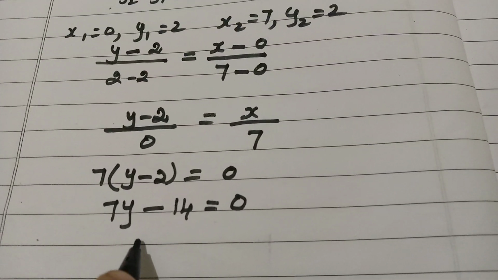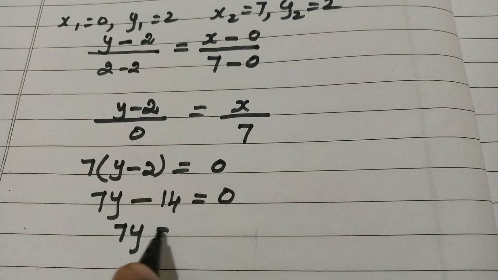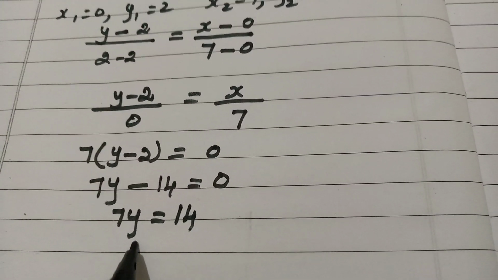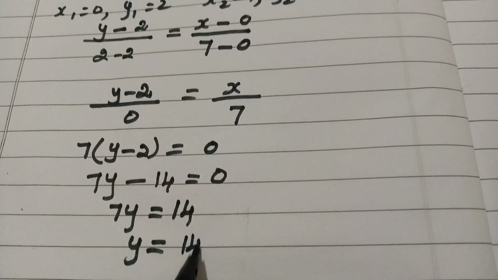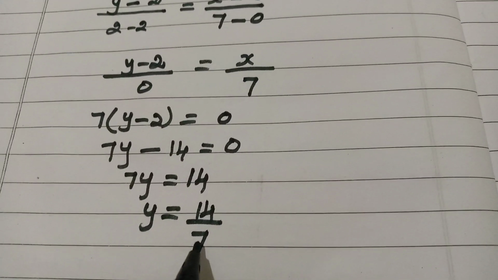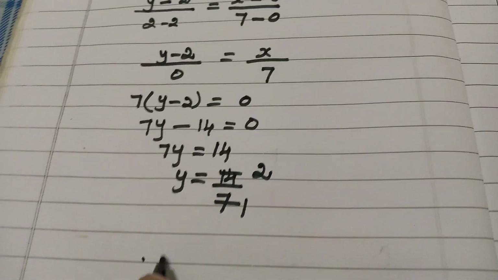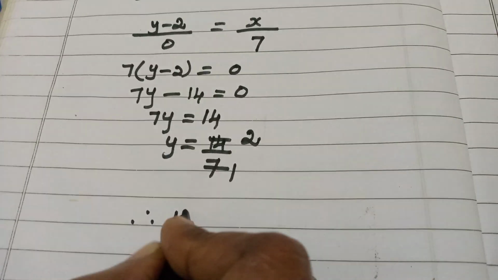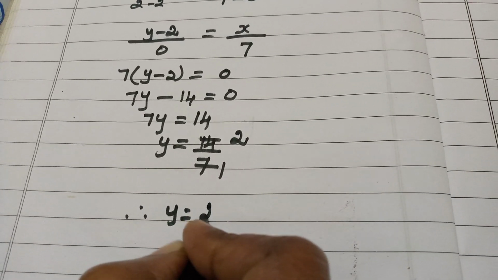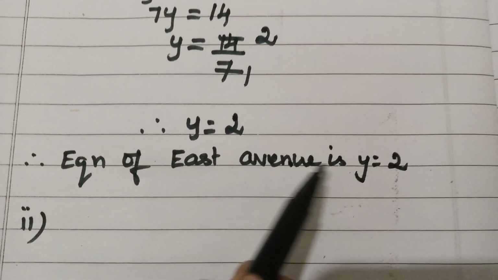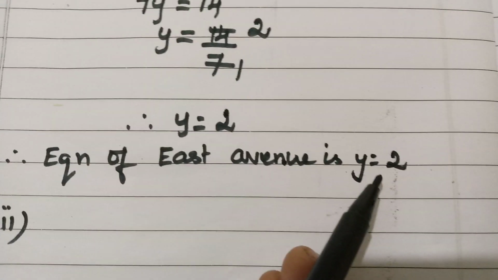From here we get 7y is equal to 0 plus 14, that is 14. y is equal to 14 by 7. Cancel it: 7 ones are 7, 7 twos are 14. Therefore, y is equal to 2. Therefore, the equation of East Avenue is y equal to 2.